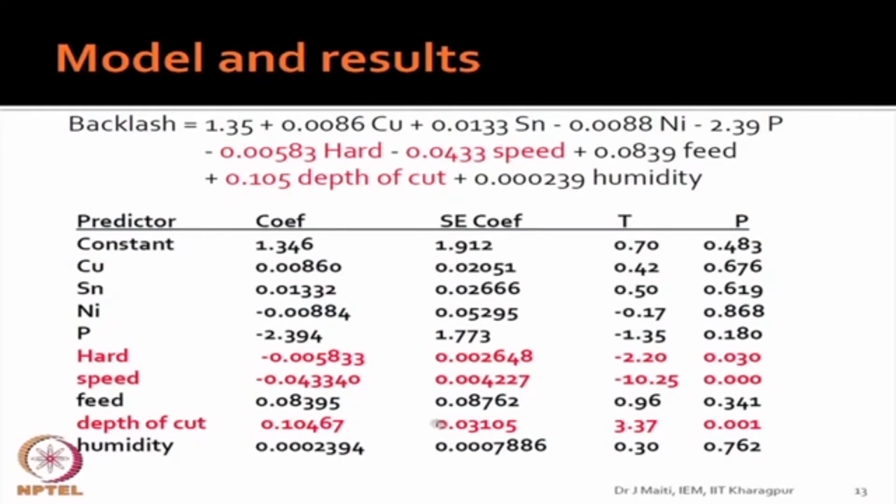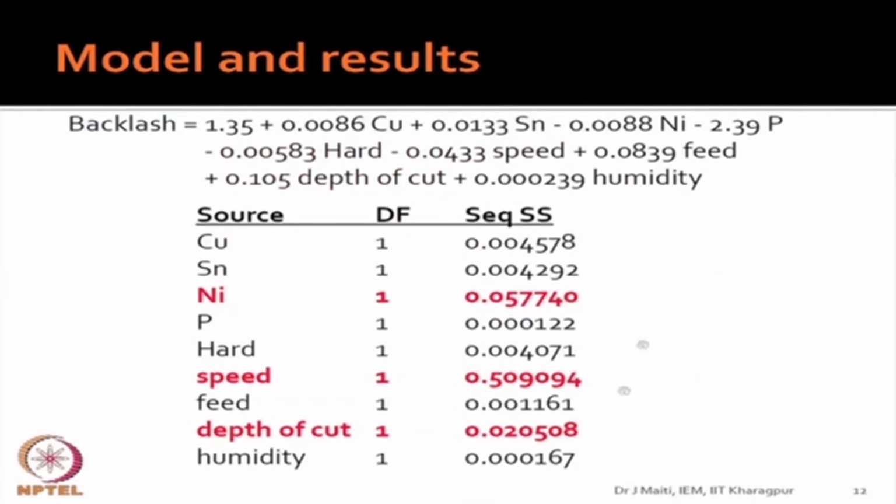Correct. Now, you may be interested to know the individual variable contribution to the overall sum of squares. This is the table, which is also obtained through Minitab. The total sum of squares is 0.76 and the regression sum of squares is 0.60.